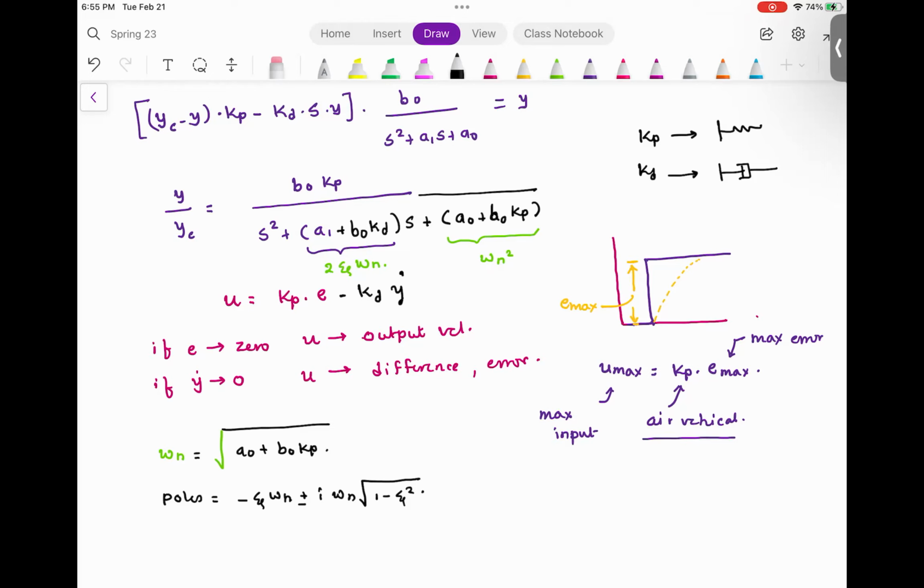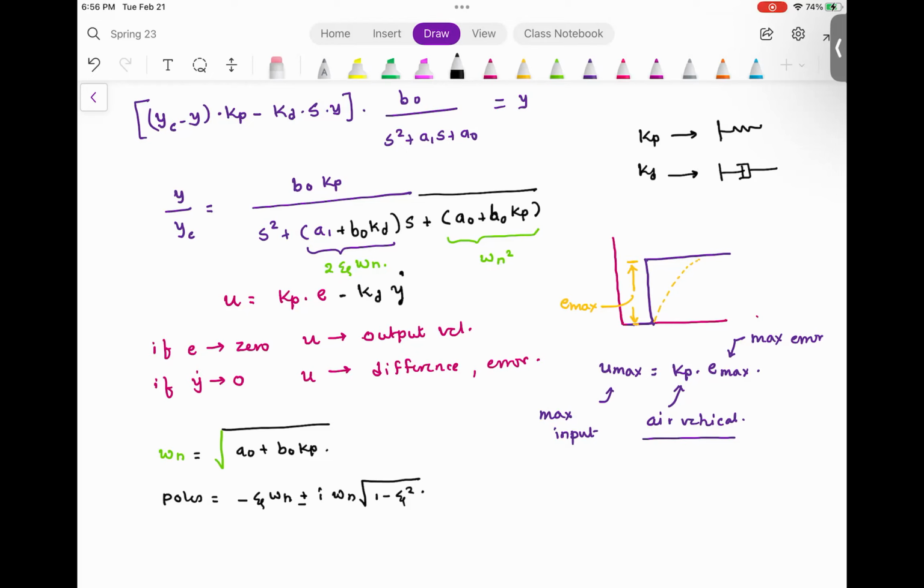But at the end, what I want to tell you here is this approach would allow you to find out what should be your Kp, what should be your gain, given by the input that you can give and the maximum error that is possible in this flight regime. That is what it means.